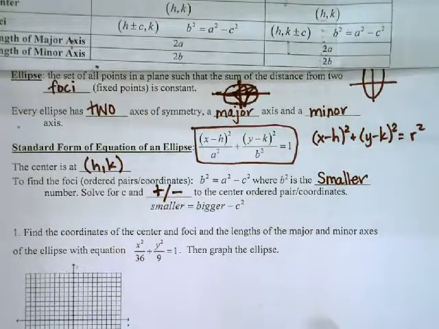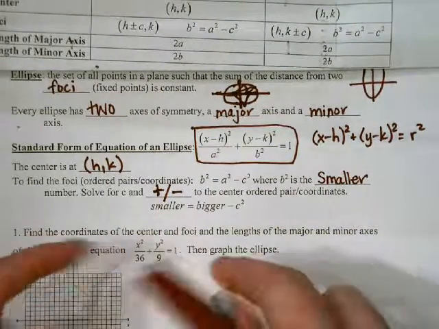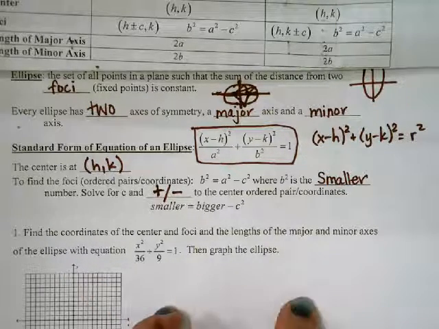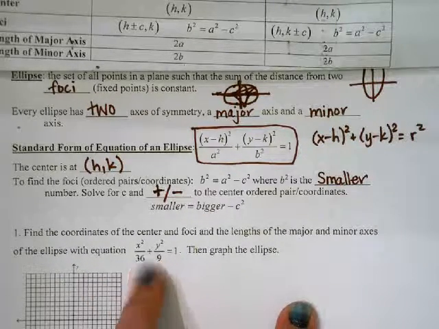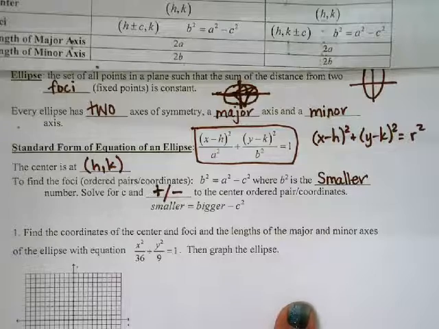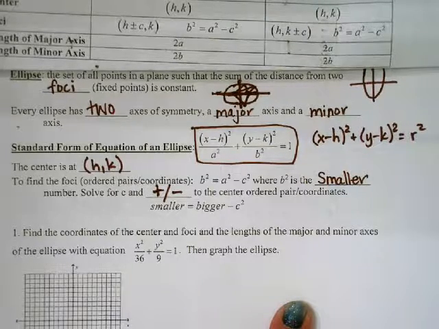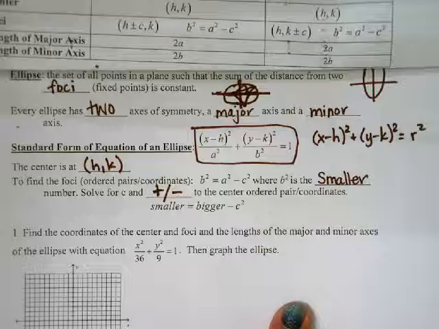So pretty much what we do is we start with an ellipse, we graph its center, and then we say, okay, here are the foci. Now, like I said, we're not going to do that. We're just going to write them into the correct form and then sketch their graph. Sound good? Okay, questions so far?